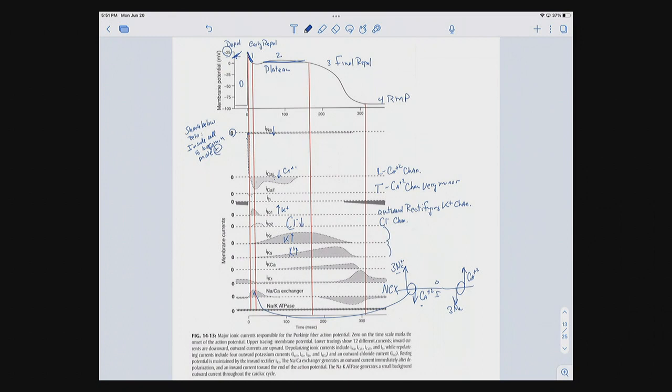And these two channels are going to be my delayed rectifying potassium channels. Also, what's coming into play here is I'm having some potassium leaving here, and this is my calcium-dependent potassium channel.